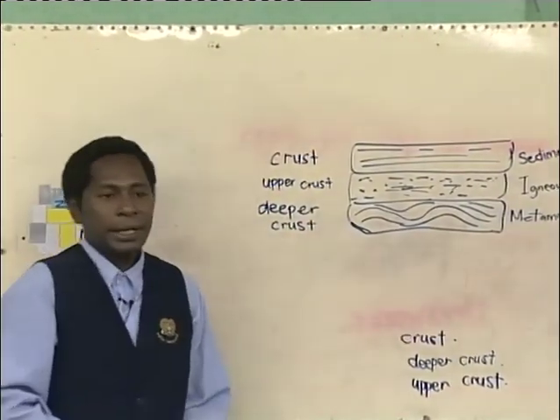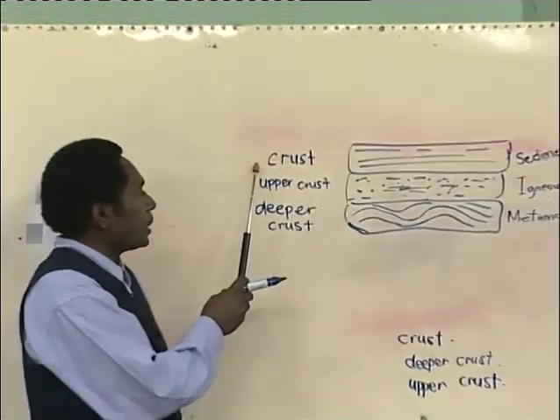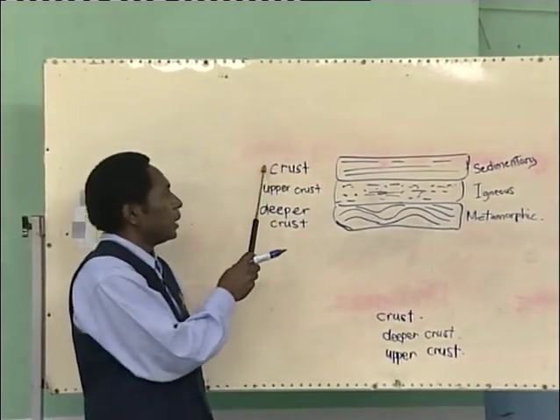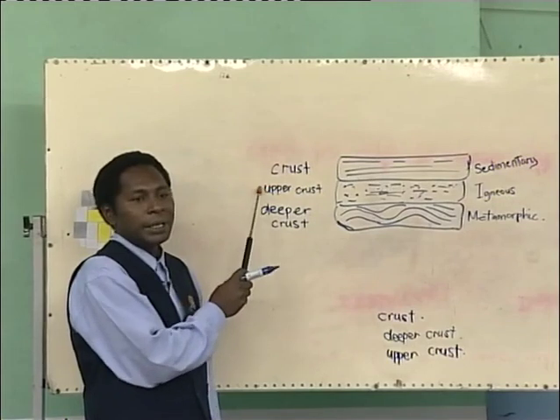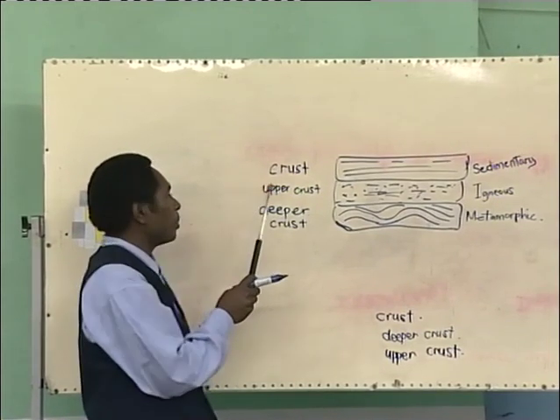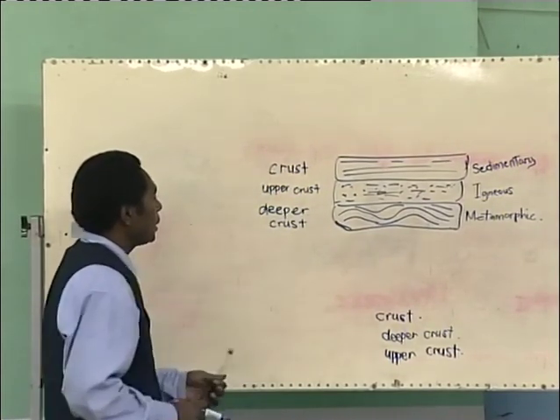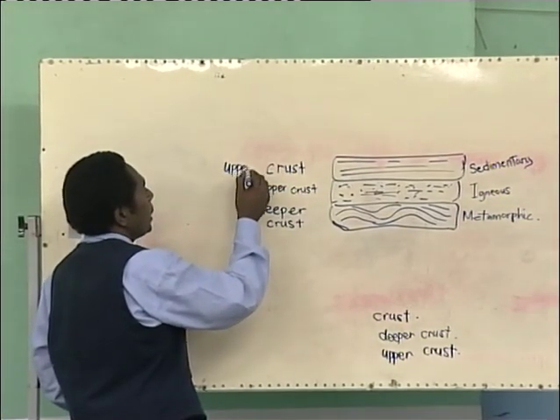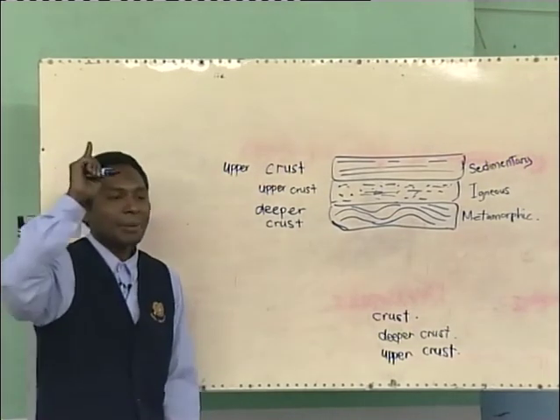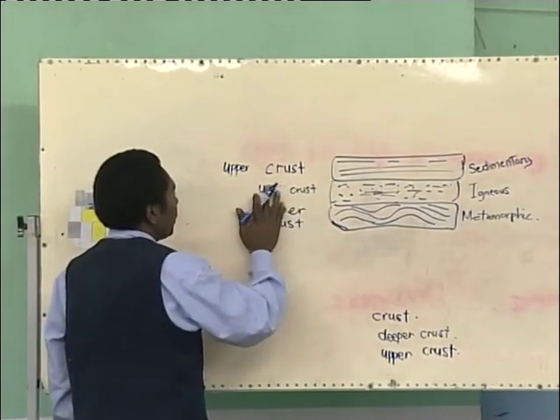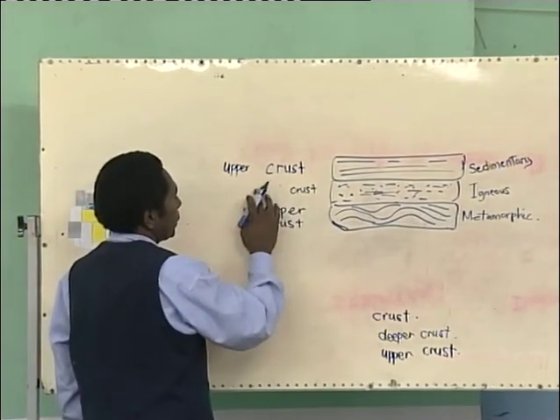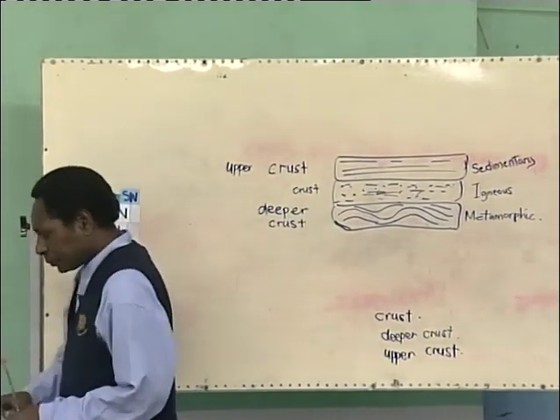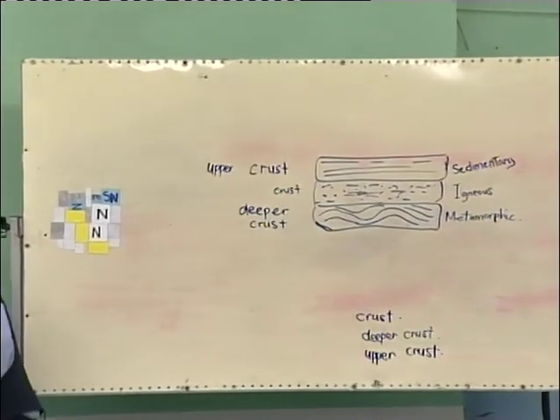Right, let us look at that. The crust, the upper crust, and the deeper crust. These two are in their wrong places. This is the upper crust. The upper crust is the one at the top. Then we have the crust, and we have the deeper crust.